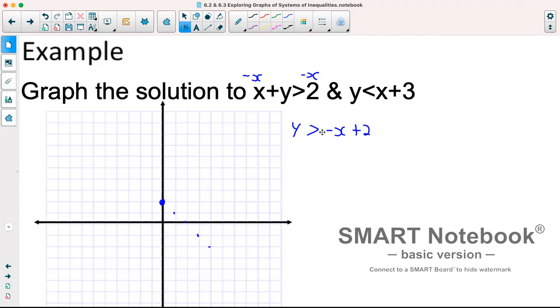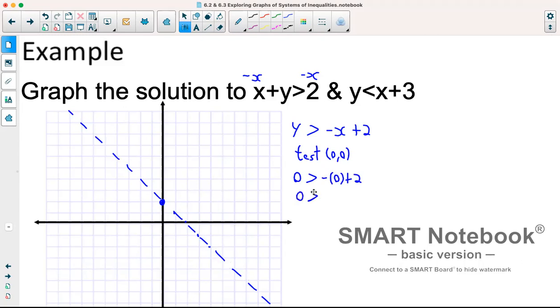And essentially, we do not have equal to, so we know that our graph is going to have a dashed line. Now we'll do a test point, so I'd probably test 0, 0. So I've got 0 is greater than negative 0 plus 2.